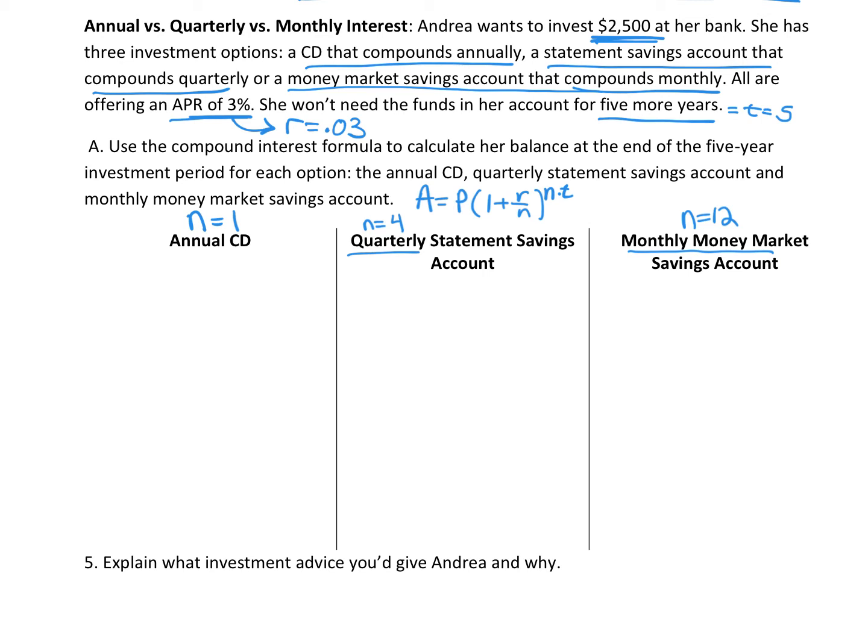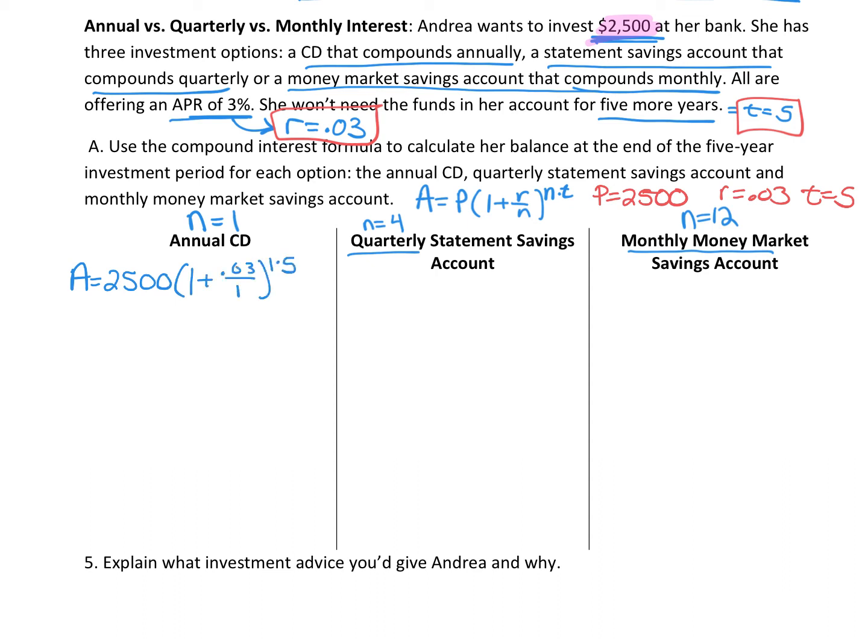So I know that for all of these, my P value was this 2,500. We said my rate was 0.03 and my T was 5. So A is going to equal 2,500 times 1 plus 0.03 over 1, and then the 1 times 5 power.